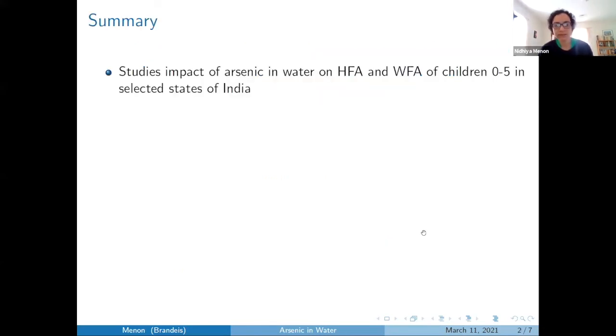So the summary, as I understand it, is that the paper studies the impact of arsenic in water on the height-for-age and weight-for-age of children in selected states of India, which are nine, and then there's a breakdown by districts. Some districts have arsenic, others don't.